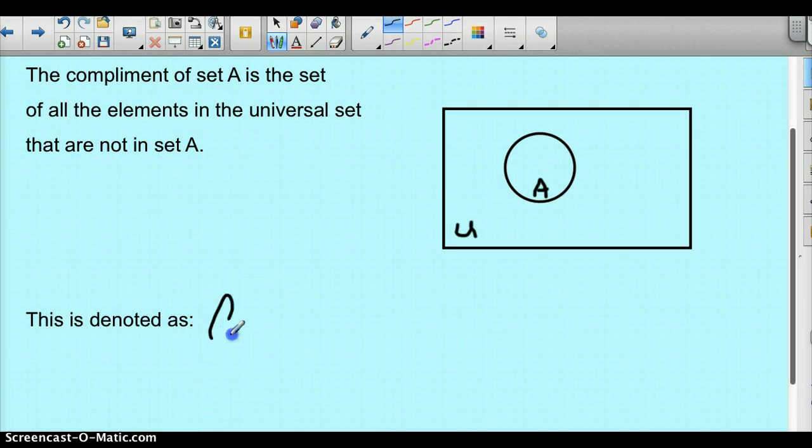It is denoted as A prime. This little marker up here in the corner indicates they want the complement set.